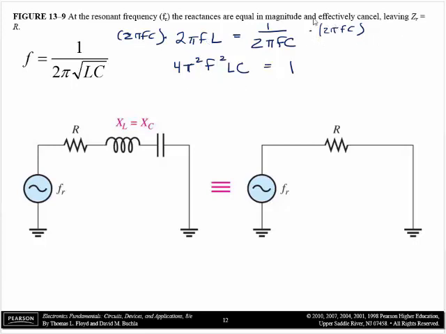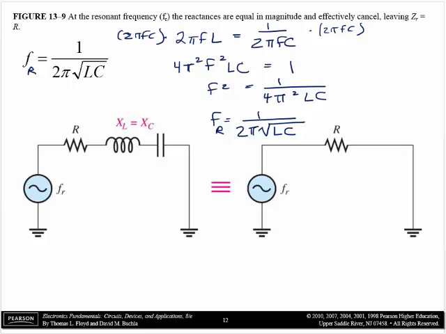Multiply 2 pi FC by 1 over 2 pi FC, I get a 1. So then I get F squared equals 1 over 4 pi squared LC. Take the square root of both sides and I get F equals 1 over 2 pi square root of L times C. So that's the frequency, also called F sub R. That's the resonant frequency.